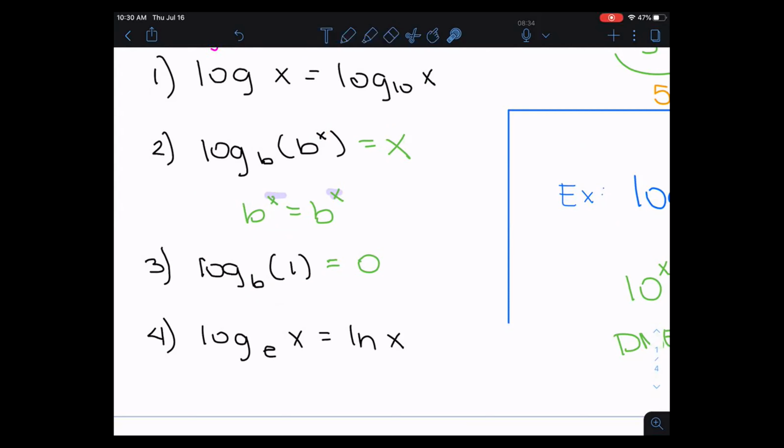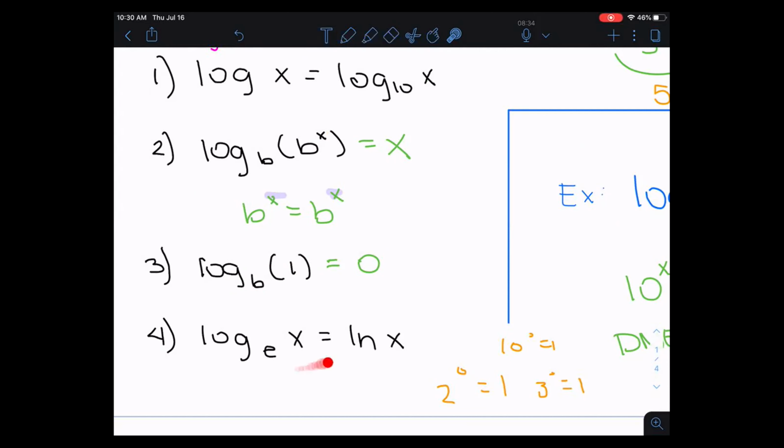For example, if you raise 2 to the 0 power, this is equal to 1. If you raise 3 to the 0 power, this is 1. If you raise 10 to the 0 power, this is 1. So any base raised to the power of 0 gives you 1. So log base b of 1 is always 0.